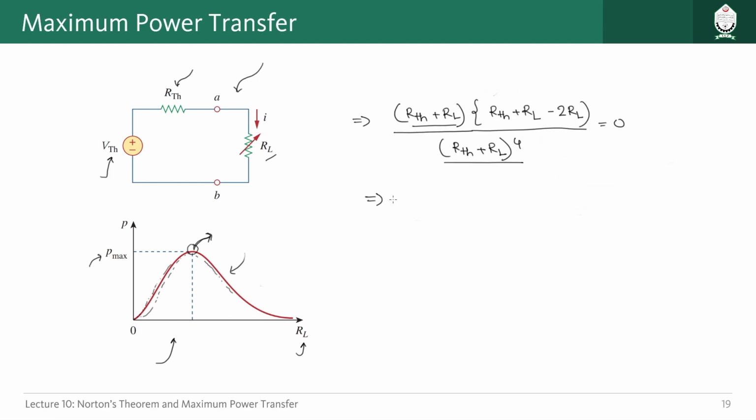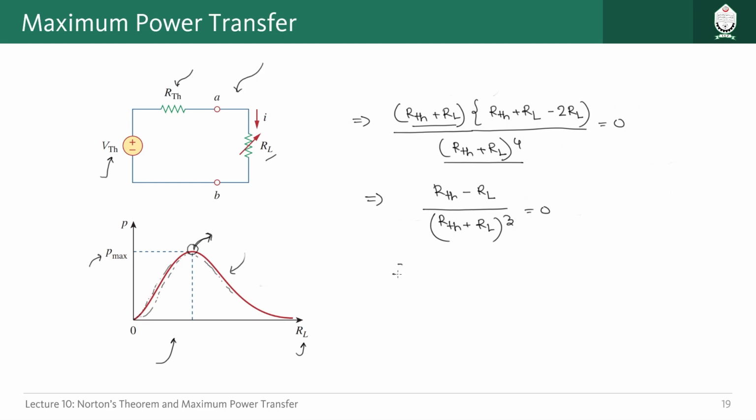Then we will get (RTH minus RL) divided by (RTH plus RL) to the power 3, which is equal to 0.